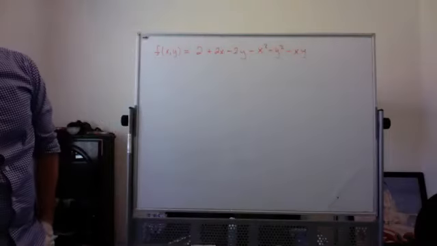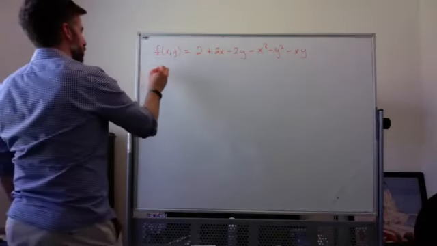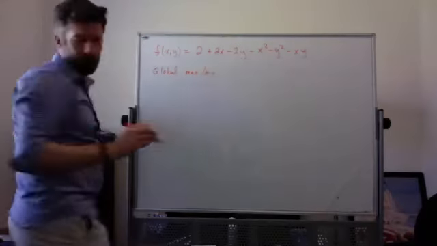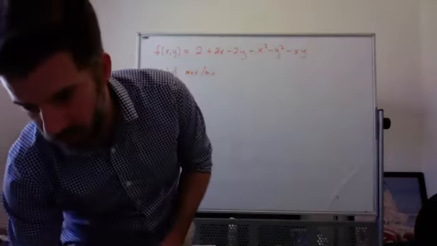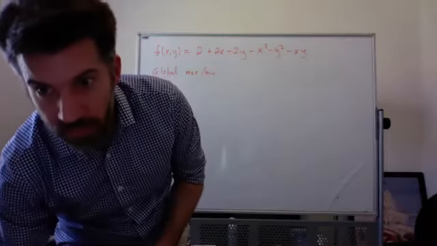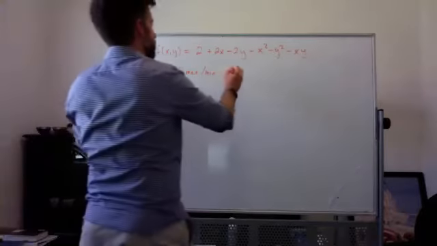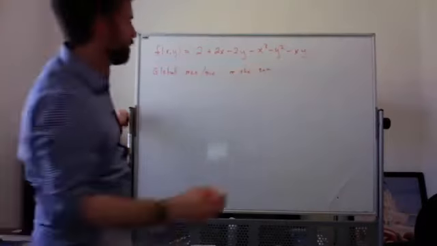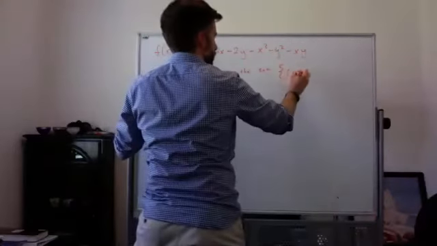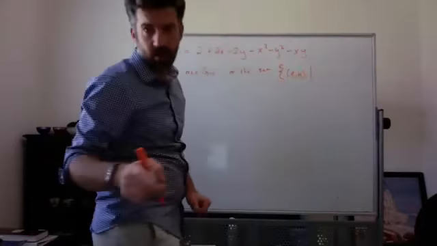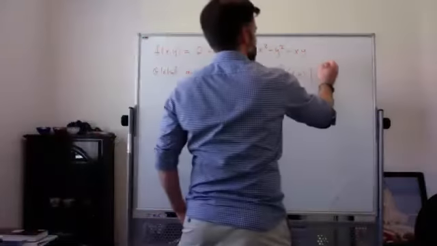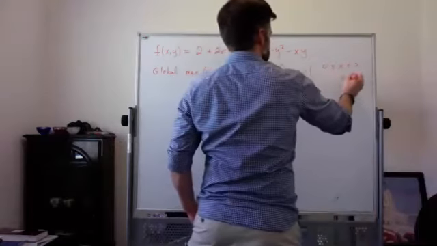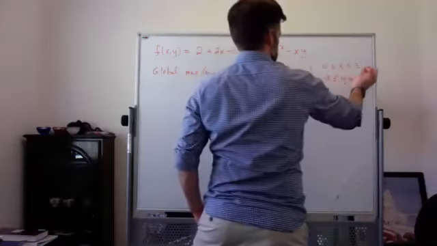And I want to find the global maxima and minima on the set of points x comma y where x is between 0 and 3 and y is between -3 and 0.